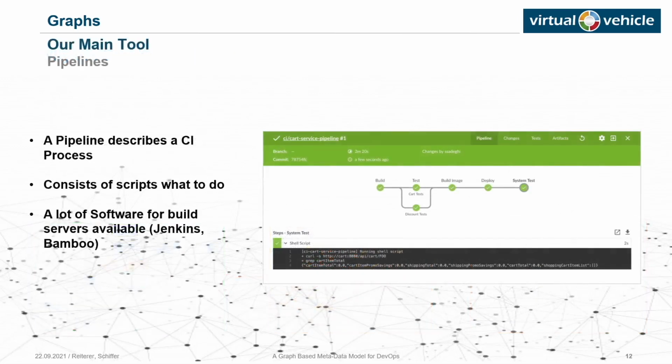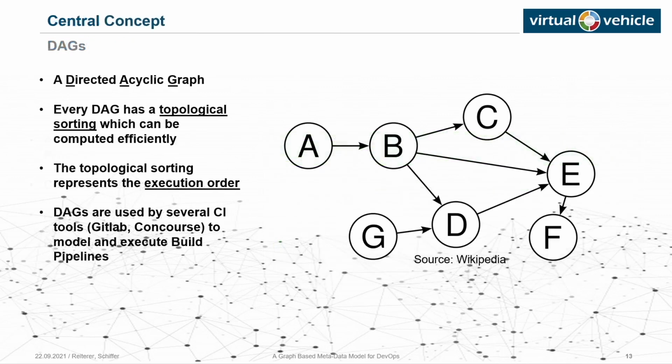And also, if we go back now to DevOps and talk about pipelines. Pipelines describe CI processes, contain the scripts, and a lot of tools to make them happen and design them. But basically, every pipeline is a graph. To be more specific, a directed acyclic graph.